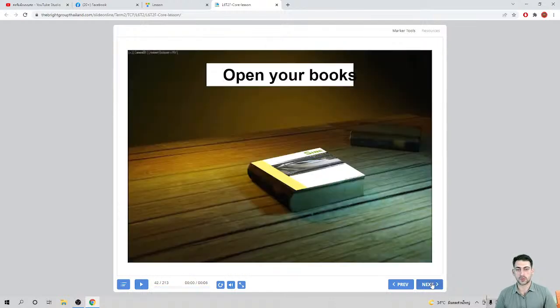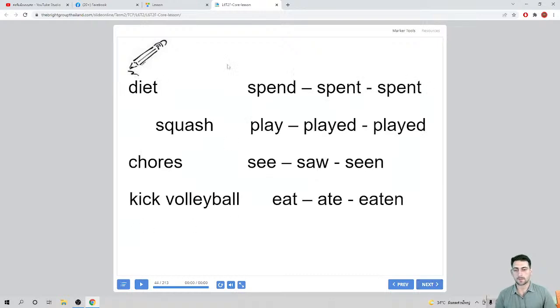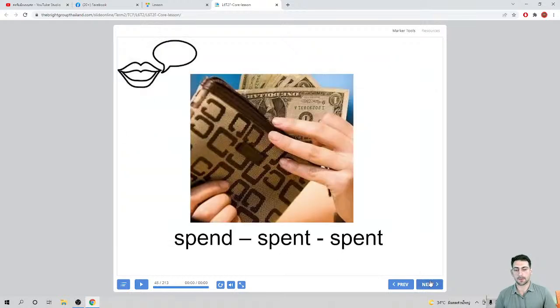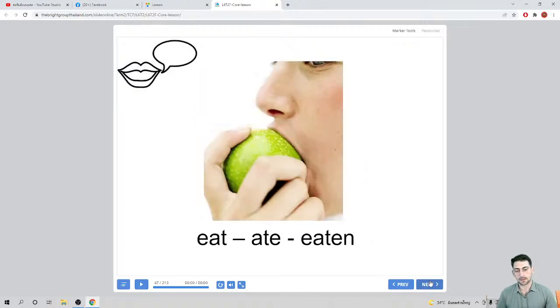In case you did not write down your words, you can do it now. All right? And we are going to repeat them one more time. So we have number 1, spend, spent, spent. Please write it down. See, saw, seen. Number 2. Eat, ate, eaten.